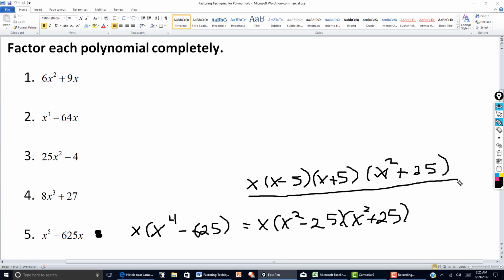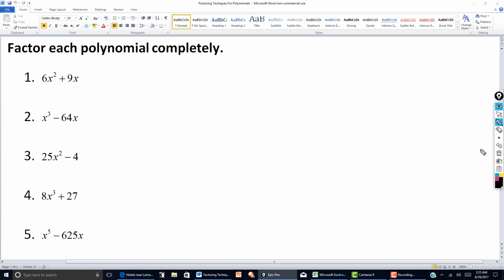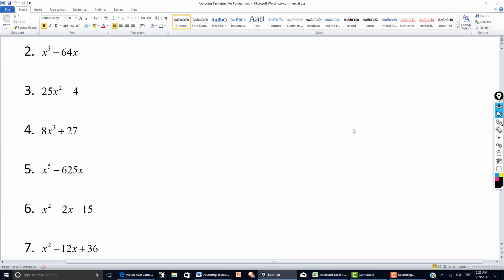Okay, so let's clear this. And number 6 is a trinomial. Okay, there's no common factor. Always look for a common factor. So generally then, if we have a trinomial and it factors, we expect it to factor into the product of 2 binomials, if it's factorable.